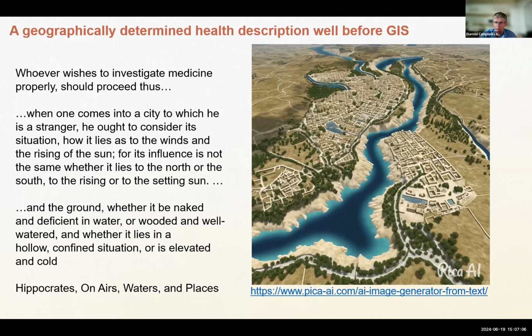And as you can see from the quote, he was already articulating how you needed to understand both the weather, climate, and also its interrelation with geography if you want to understand whether people are going to be healthy or what health issues they may suffer from.